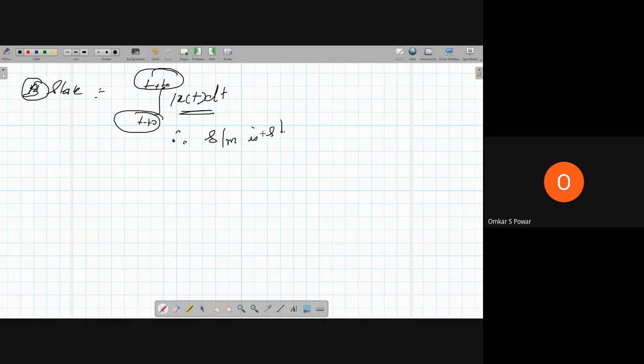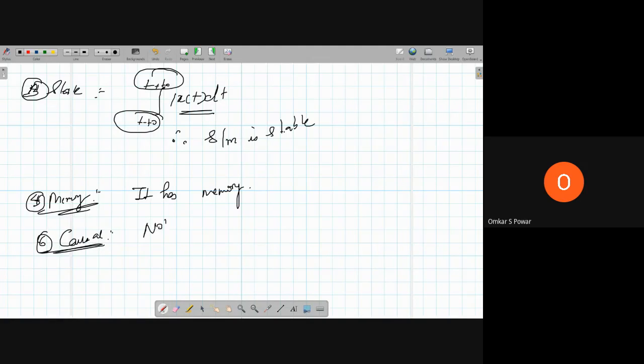Next, memory. Coming to the memory part, this is for you. I'm saying it has memory. Check why it has memory. Give some values and check it. And coming to causal, it is not causal since the output depends upon the future value. So these two are for you to check.